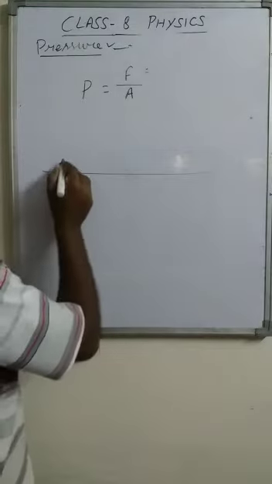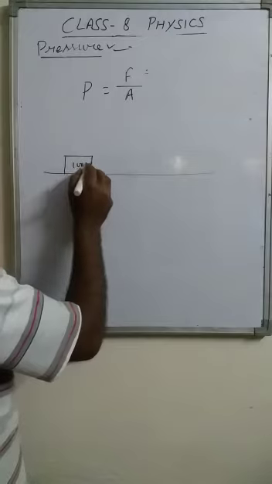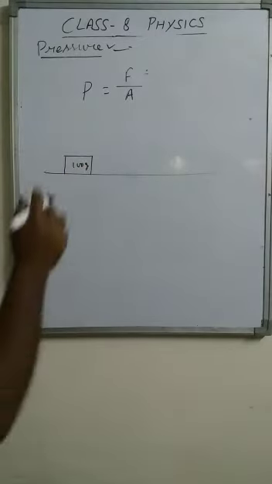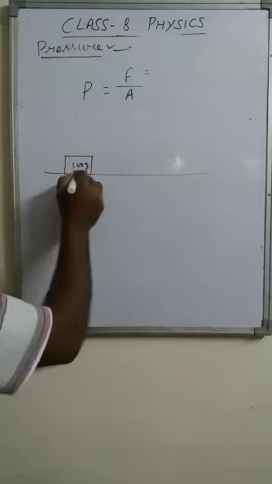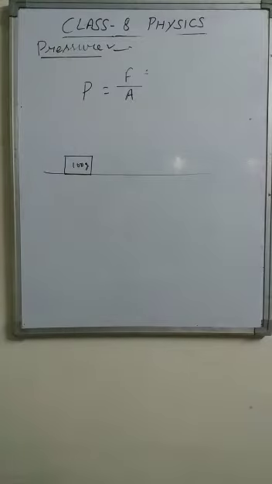On this surface, if I put a 100 gram object, this 100 gram object applies force on this metal portion of the surface. So definitely the pressure will be developed.